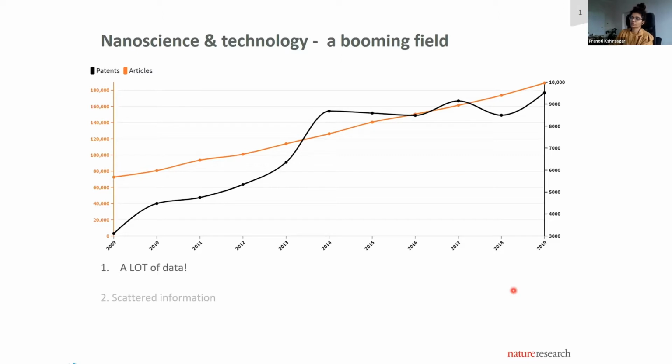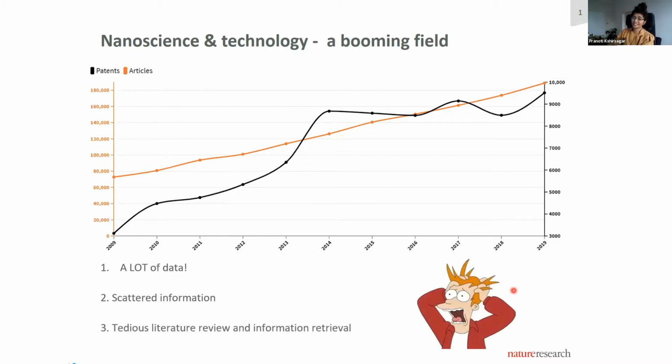However, the downside is that the key information relevant for you is usually scattered from journal to journal, from patent office to patent office, which makes it extremely difficult and tedious to keep up with the literature and to retrieve the information relevant for you when you're writing your papers, writing your research proposals, planning your experiments, doing data analysis, basically going about your research.